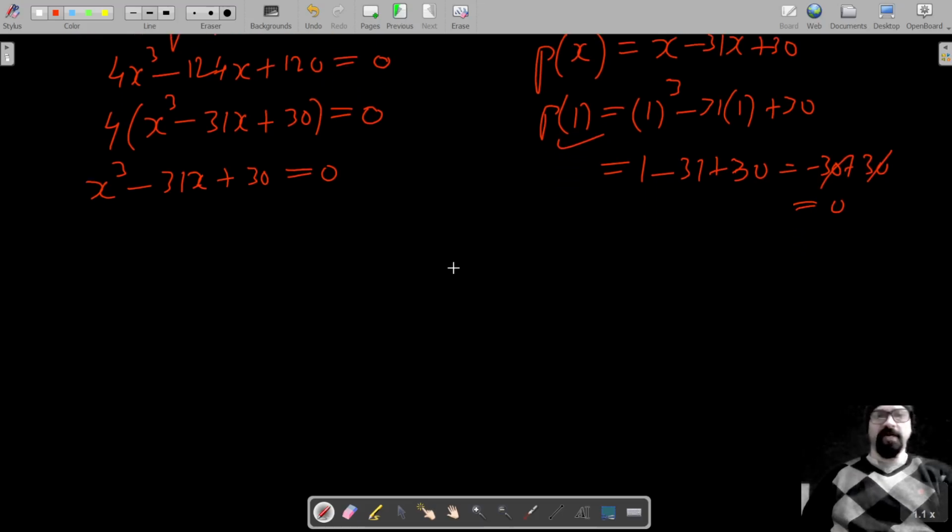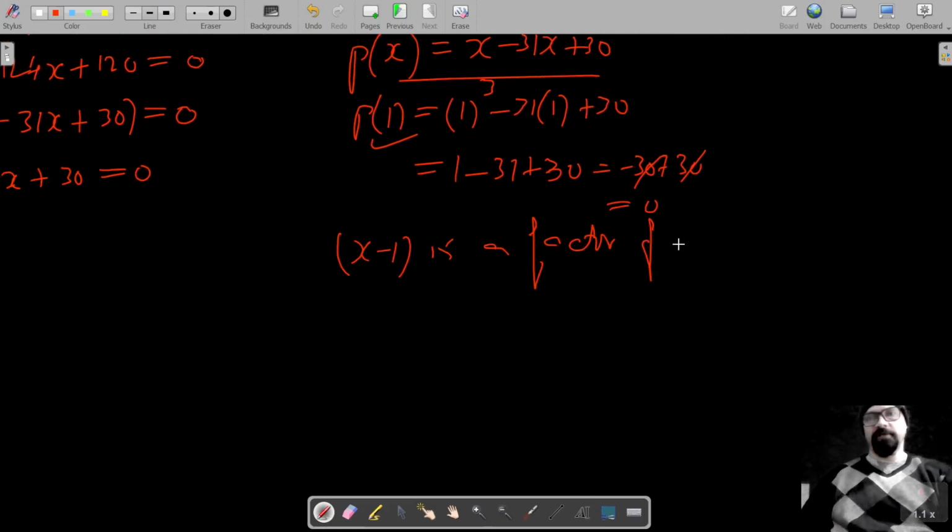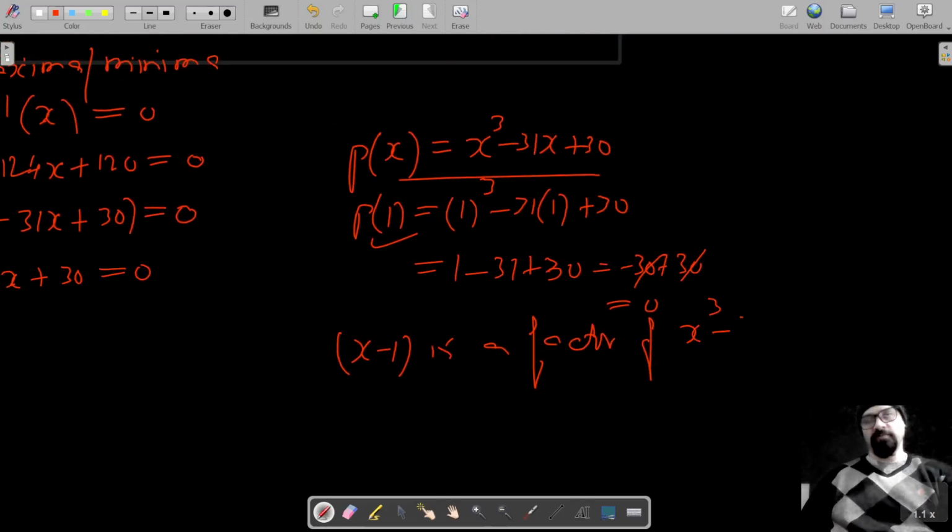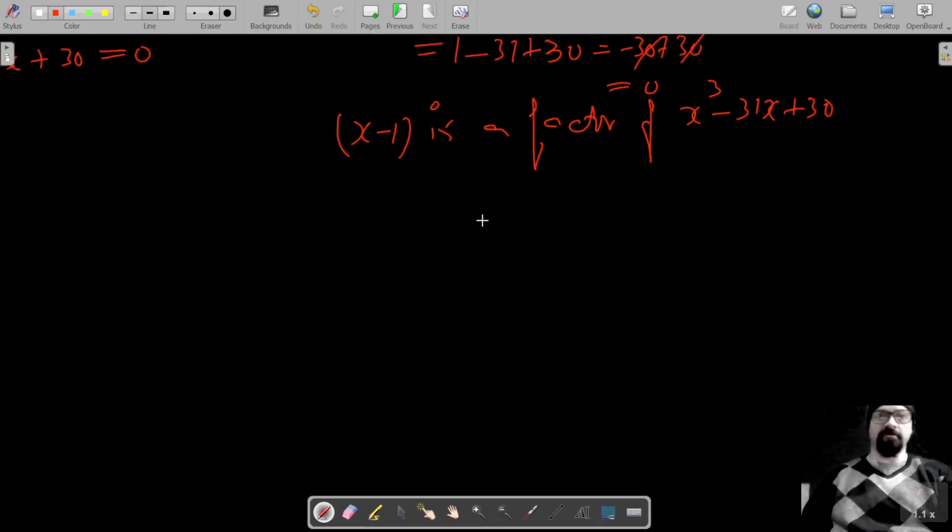So that means x minus 1 is a factor of this polynomial, x cubed minus 31x plus 30. Now, since x minus 1 is a factor, let's divide by x minus 1 to get the other factors.